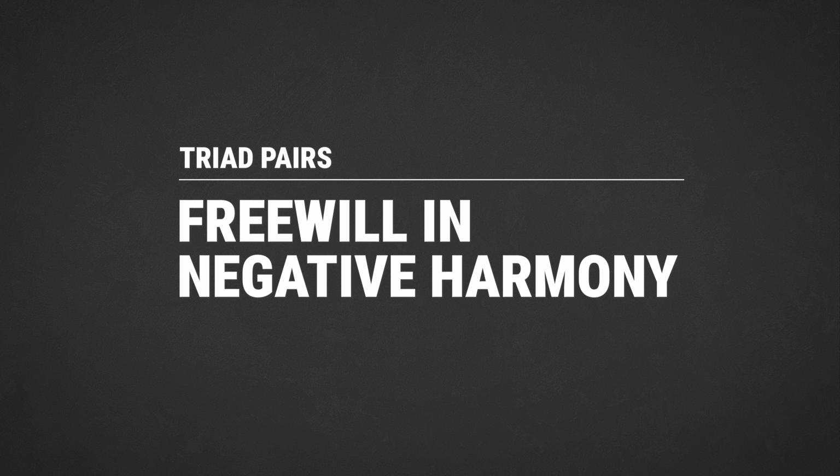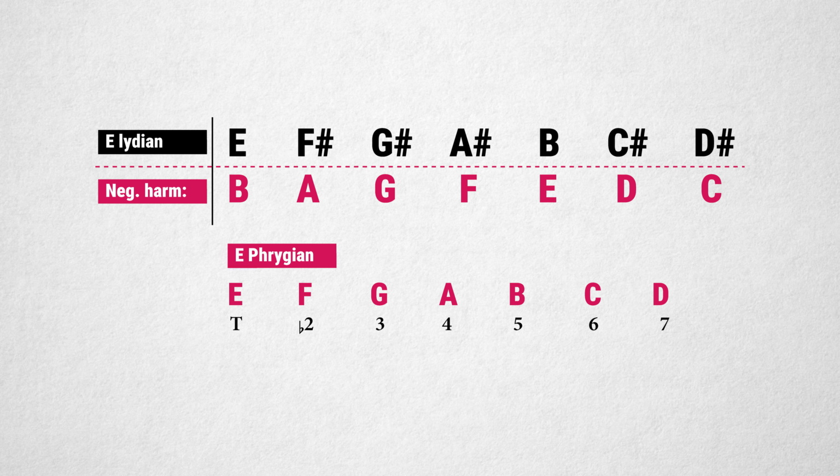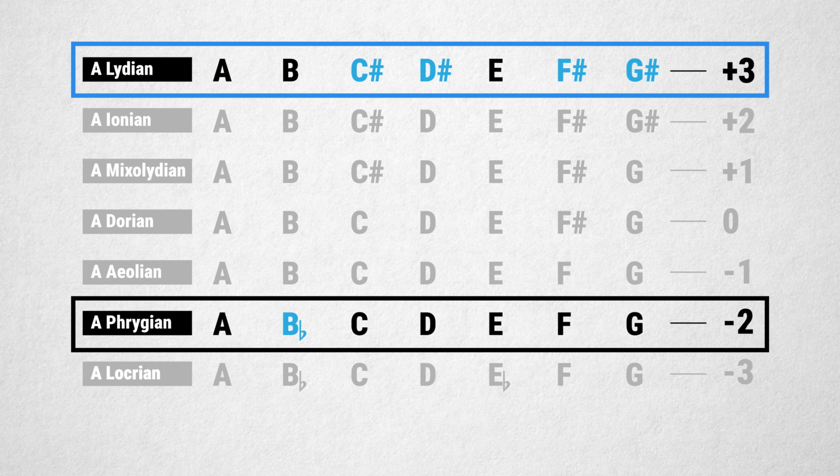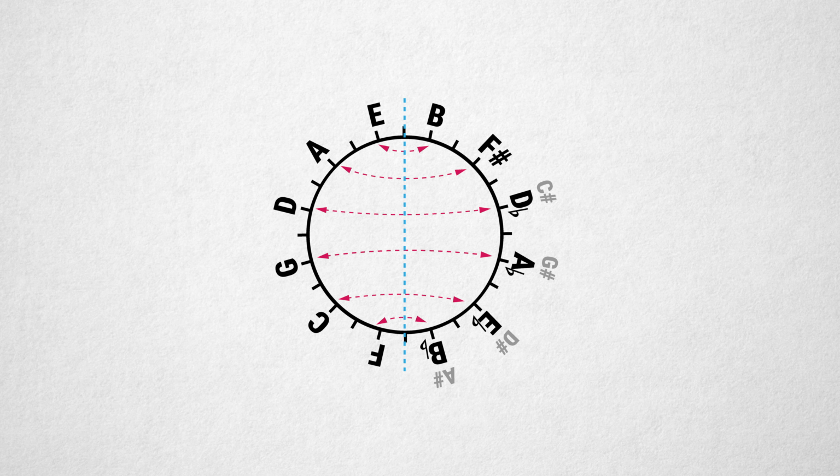Well, we already know that the negative harmony opposite of E Lydian is E Phrygian. And E Phrygian is a minor scale with a characteristic minor second degree. So we'll go from super bright to pretty dark. The scale figures of the intro will be transformed using the right axis that is visualized by the circle of fifths.